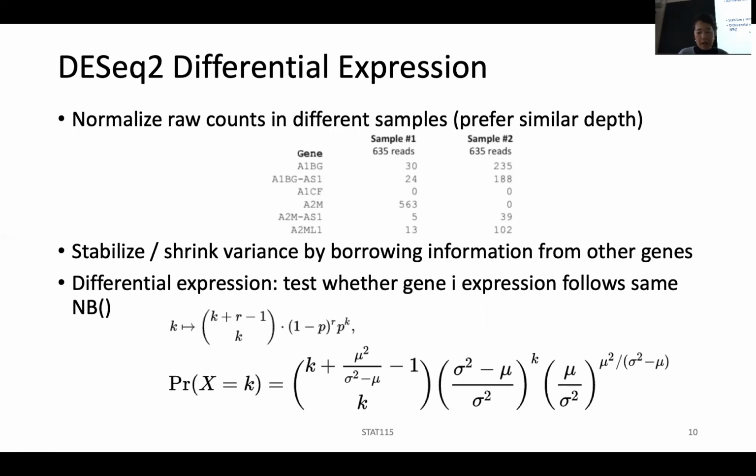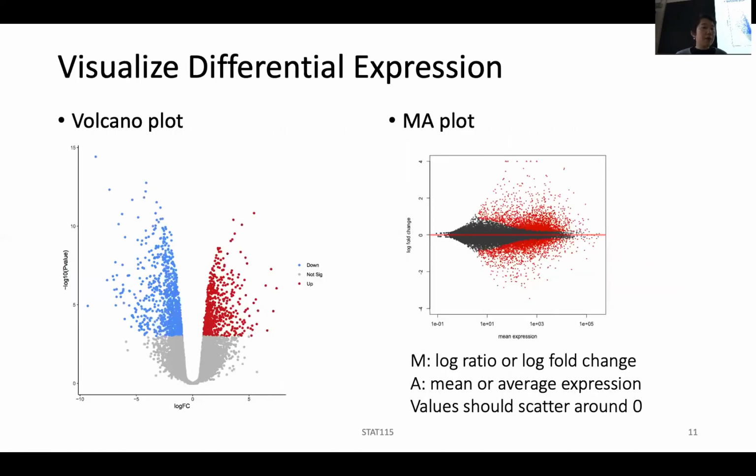Okay, and so DESeq will give you this calculation. After you find the differential expression, how do you visualize it? There are two different ways people look at it. If you present either of these results in a paper, usually the reviewer will be okay with that. The one way is called a volcano plot.